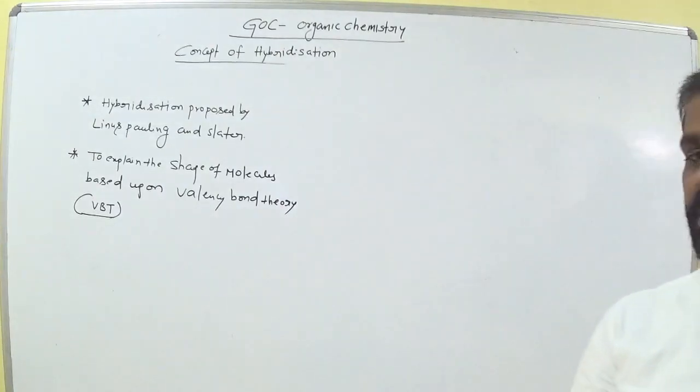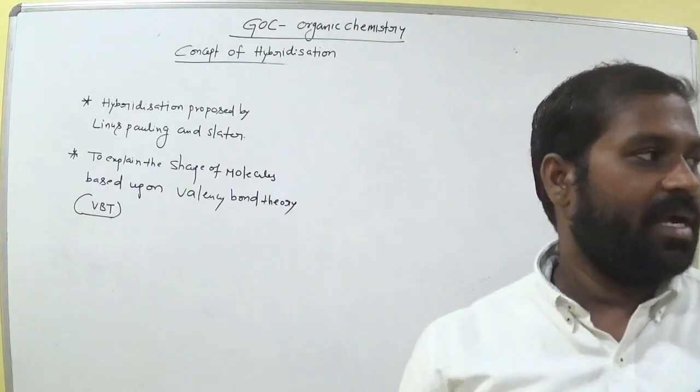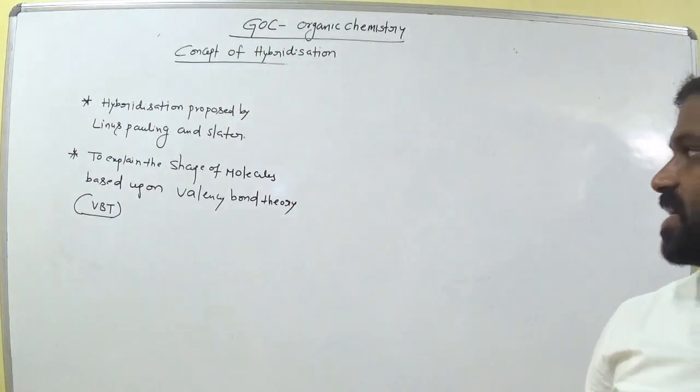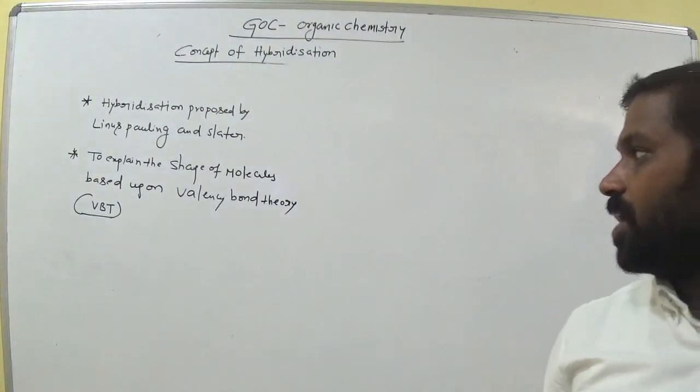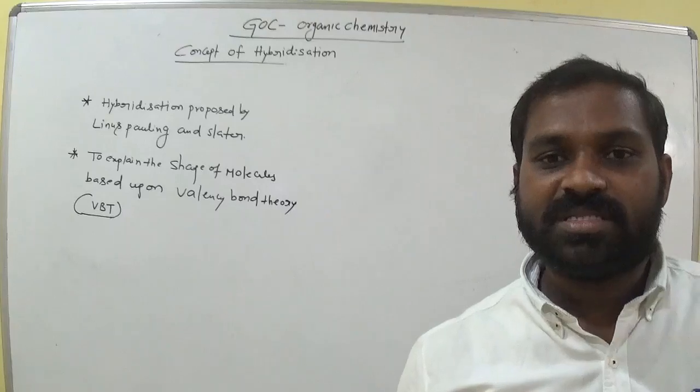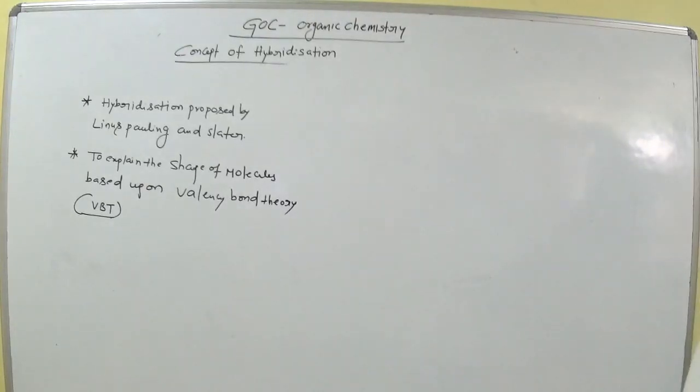Is it clear? Who proposed the hybridization concept? Linus Pauling and Slater. Why did they introduce this concept? To explain the shape of molecules based upon valency bond theory. So for that we need hybridization.